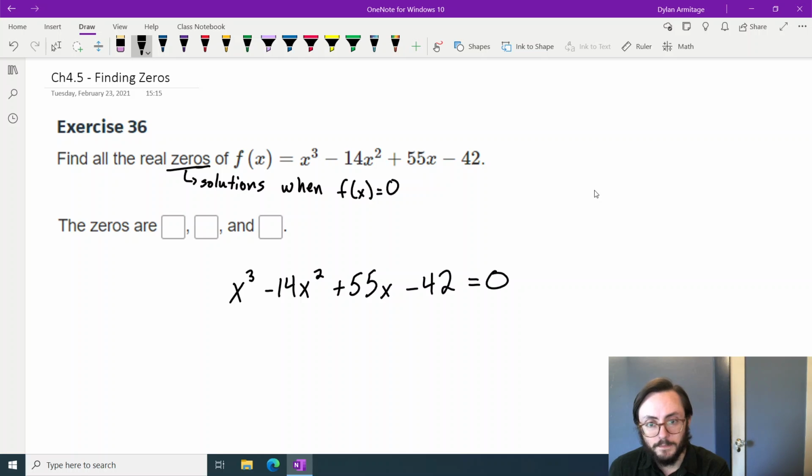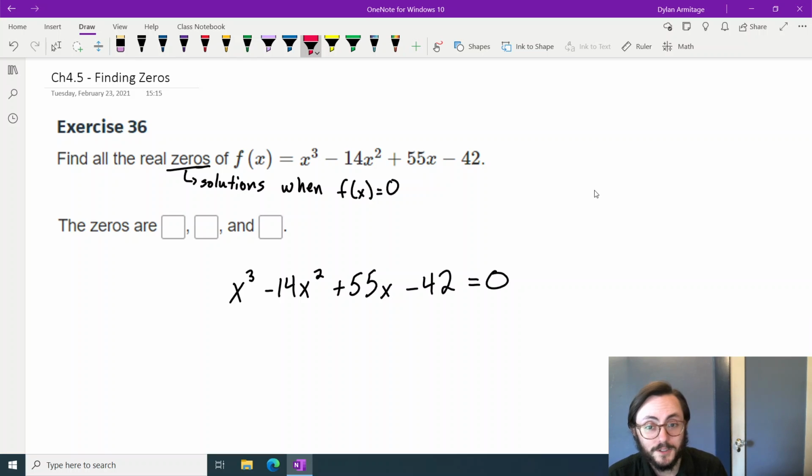Can we do it by grouping? No, not really. There's no real pattern to these coefficients. So we are left with our favorite method, the rational root theorem.